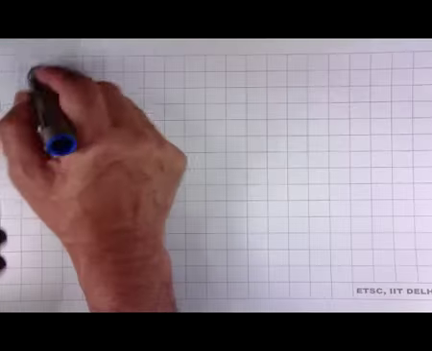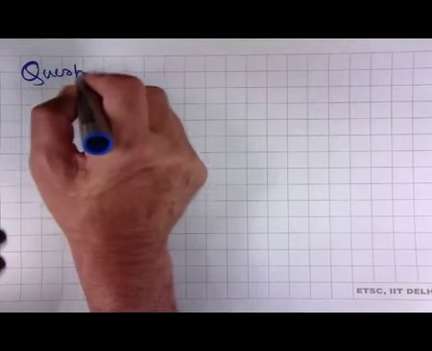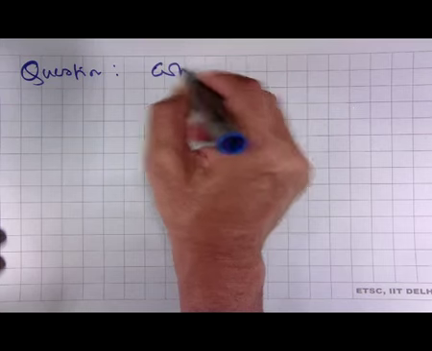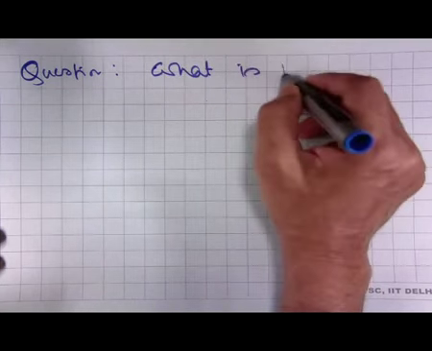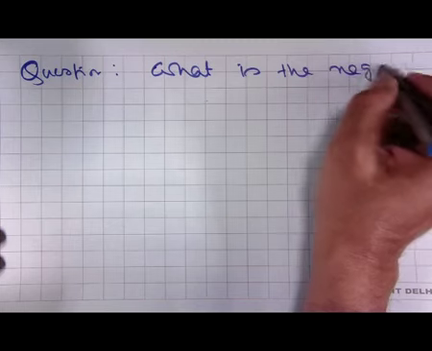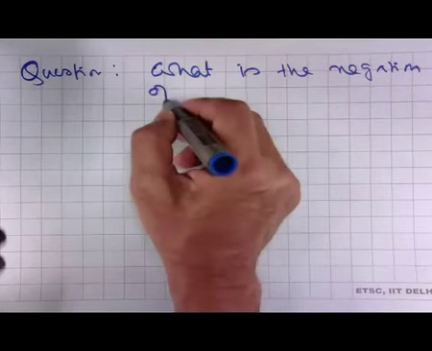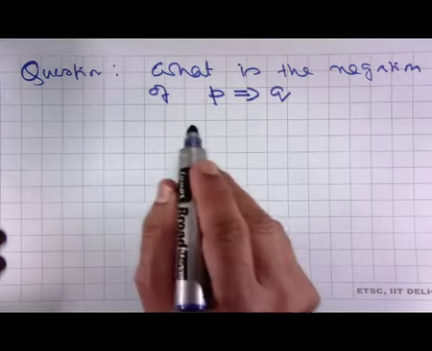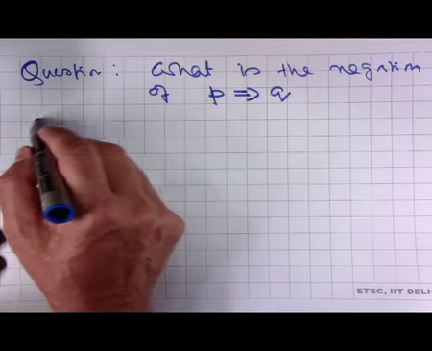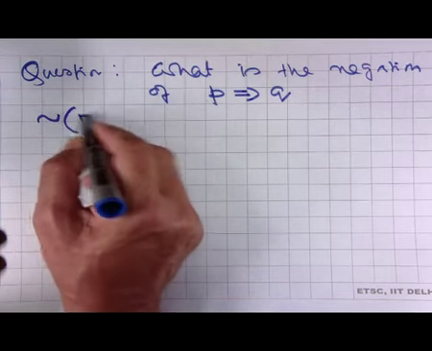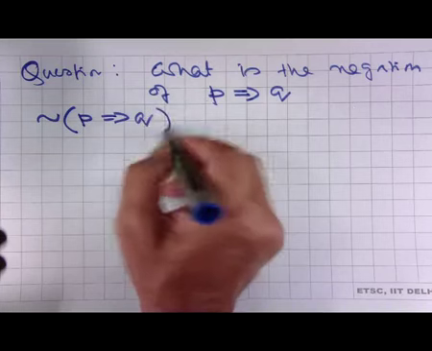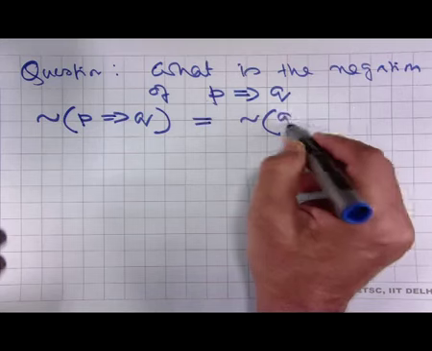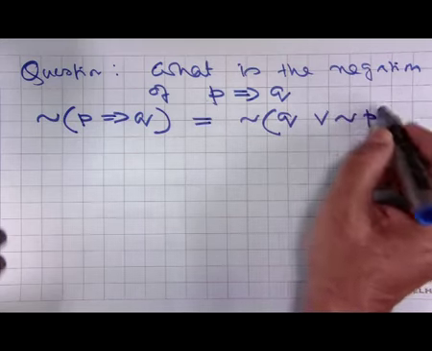So, question is, what is the negation of P implies Q? The best way of doing it is this.